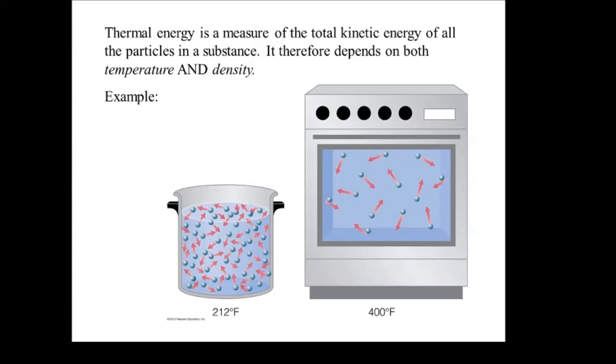So for the oven, when you stick your hand in the oven, the air molecules are colliding with your hand quite violently, but not very often. The average collision that's taking place with an air molecule in your hand is of pretty high energy, but it doesn't happen much.